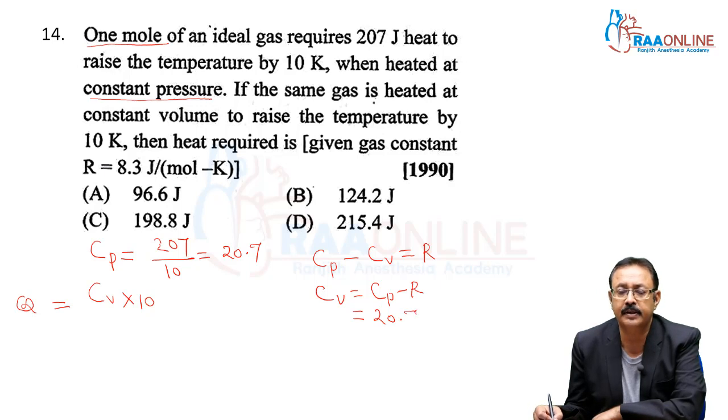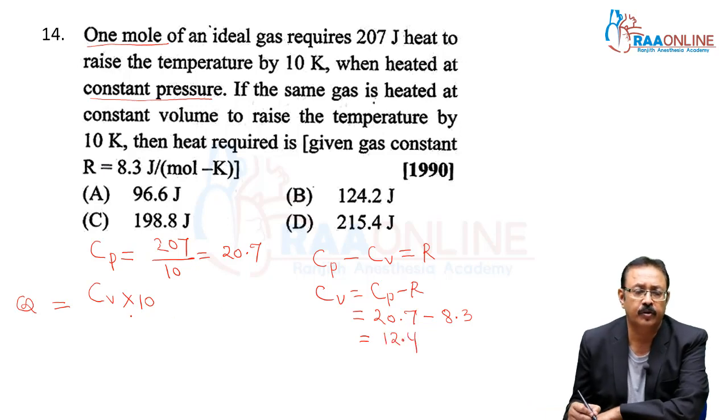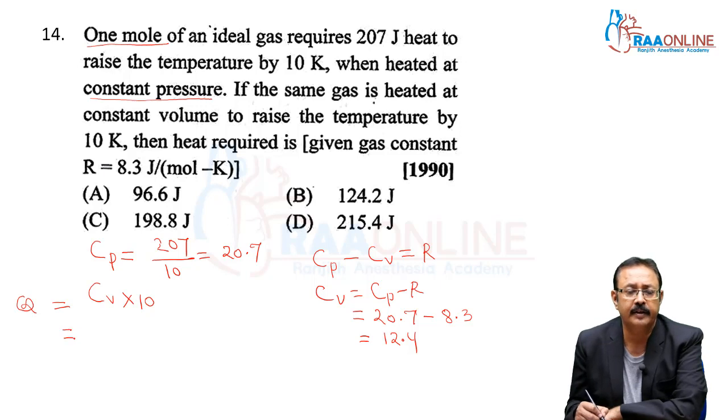So 20.7 minus 8.3, what are we getting? It is 12.4.